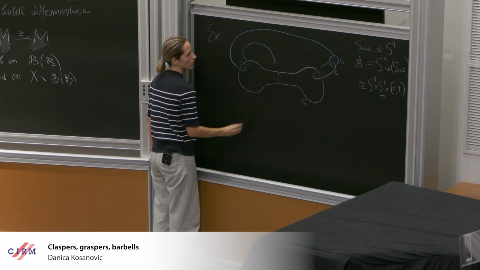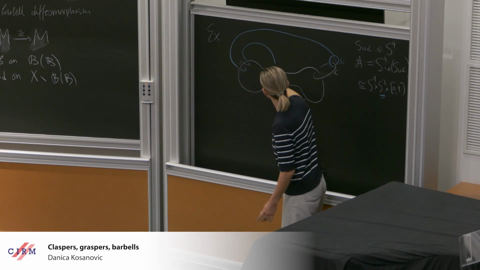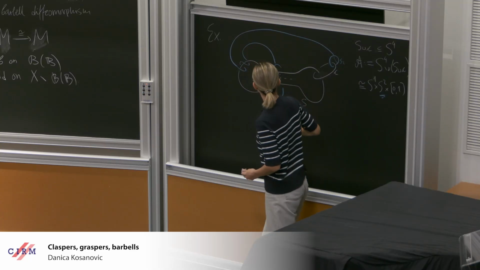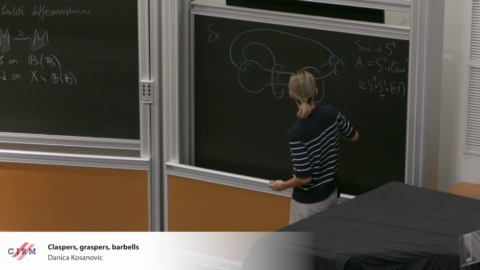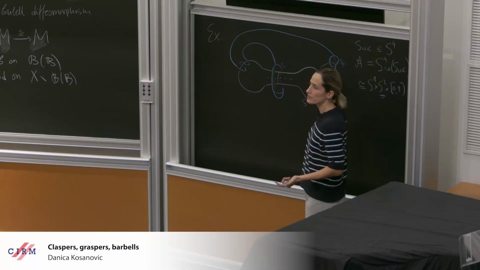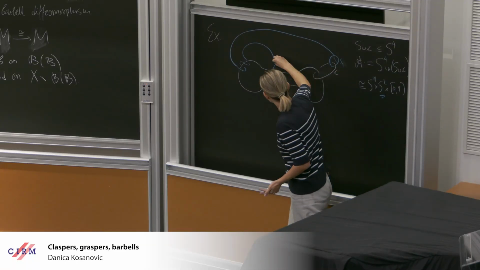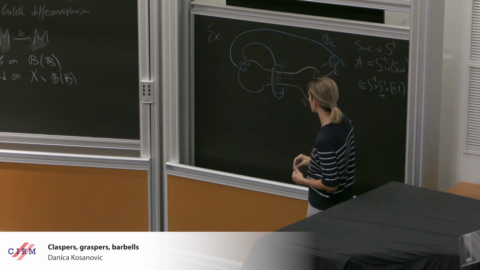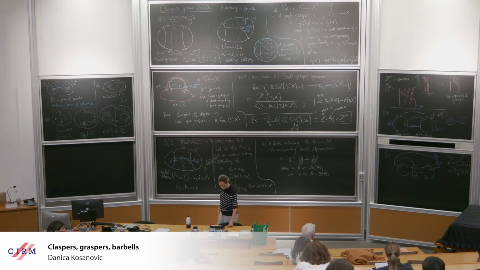And then I'm going to go on another sphere, which might look strange, but looking from far, this looks like an arc, so it has a meridian sphere, and it's my sphere S1. Or maybe this one is S2, this one is S1. So I just gave you two spheres in my manifold, in the complement of the link, and a bar that connects them. And I'll call this barbell embedding B_k. And I'll say something about it in a second.